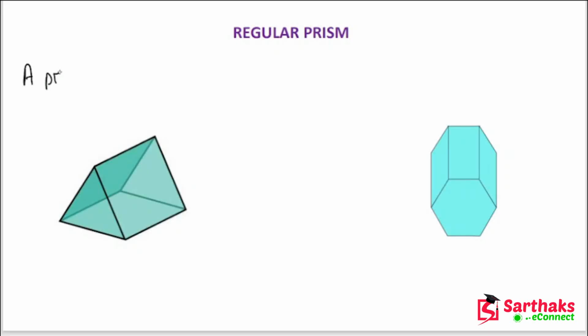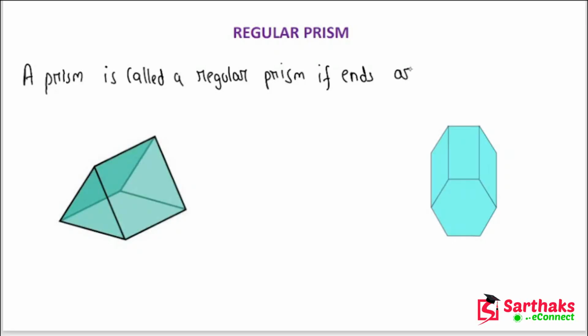A prism is called a regular prism if its ends are regular polygons, right?